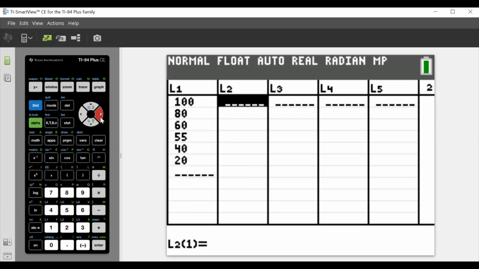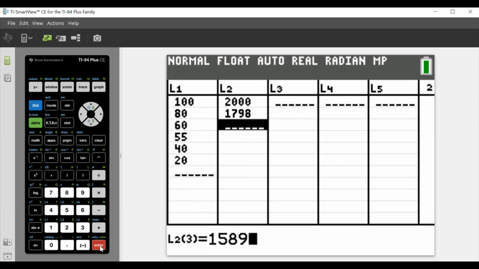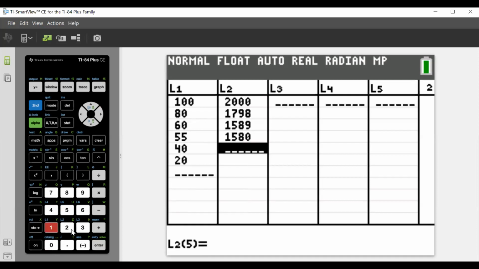And then if we go over here, we've got 2000, and then 1798, and 1589, and 1580, 1390, and 1202. Hopefully I typed all that right.